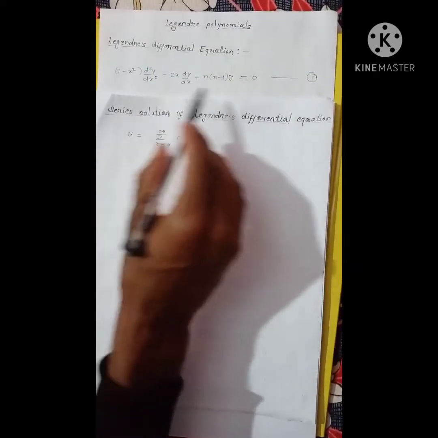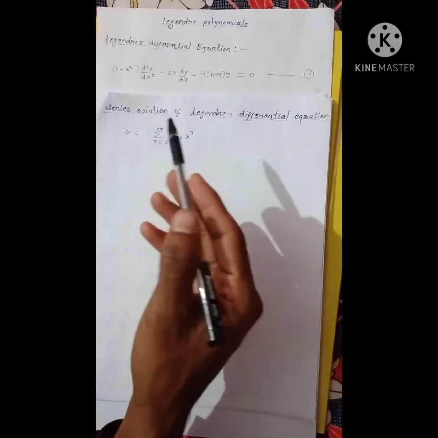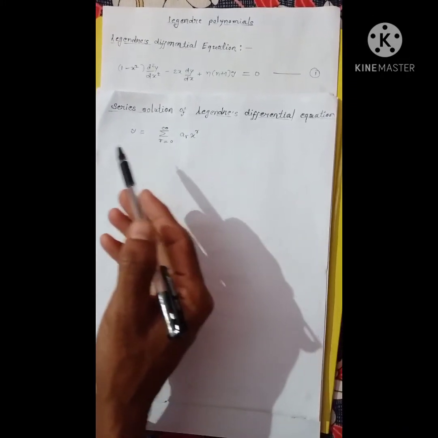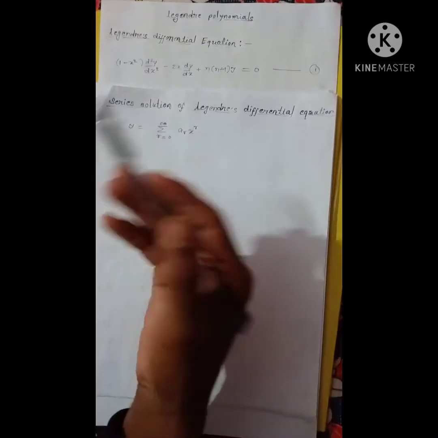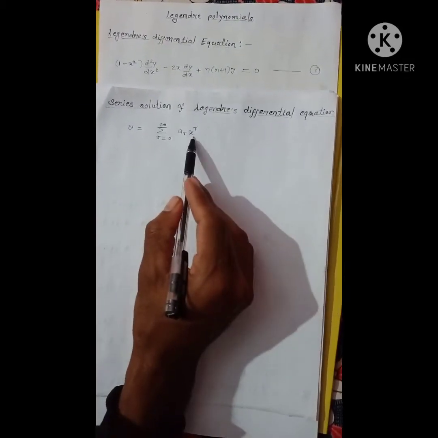For solving this equation first we need y dash and y double dash. So to obtain y dash and y double dash we differentiate this equation with respect to x.